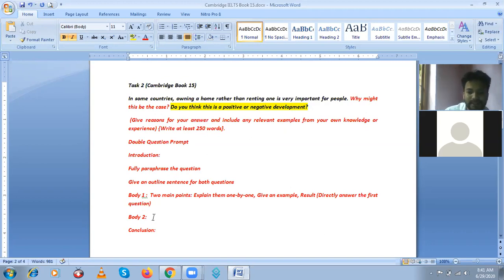Then we come to the second question and we again make two main points, explain them one by one, give an example, and then the result.